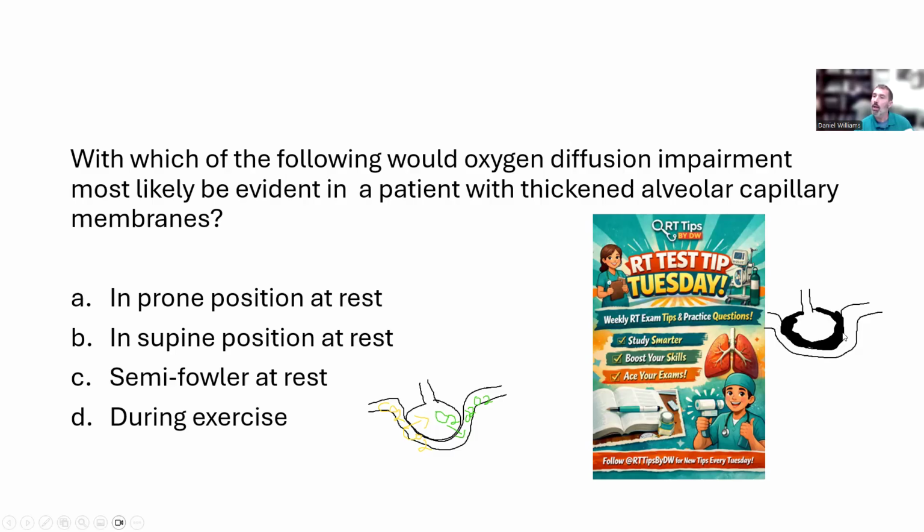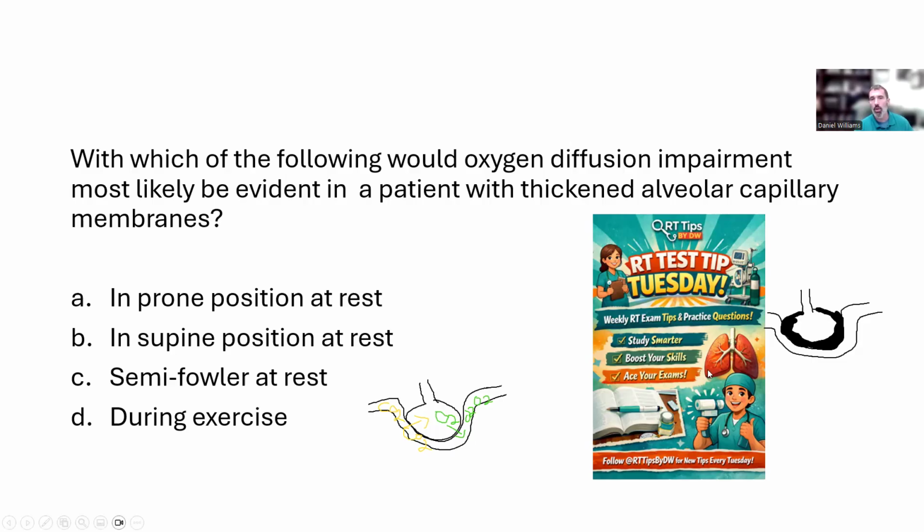And so at rest, the patient should not experience any significant hypoxemia. That's not to say they may not be hypoxemic, but it should not be problematic. They should be physiologically okay at rest.